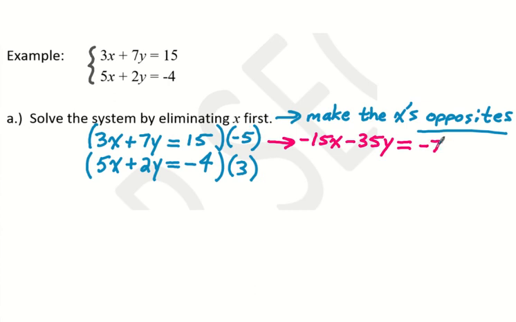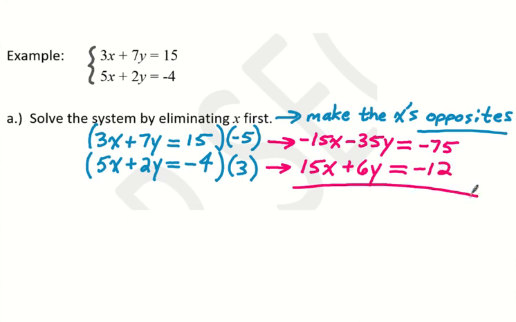Negative 75, I do believe. And then the second equation is going to become, let's see, 3 times 5x is 15x. No surprise there. 3 times 2y is 6y. And then equals 3 times negative 4, which is negative 12.